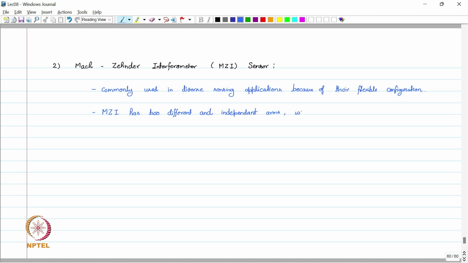Which are the reference arm and the sensing arm.